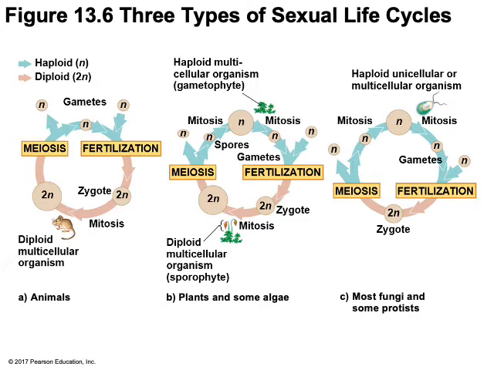On the right side, all the way over on the right side, we have sort of the fungi model and some protists, some other organisms, where the organism is haploid. So we have a haploid unicellular or multicellular organism, and it's going to produce gametes by mitosis.